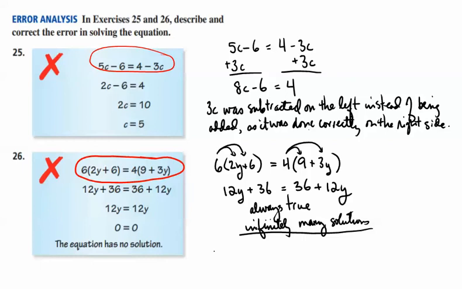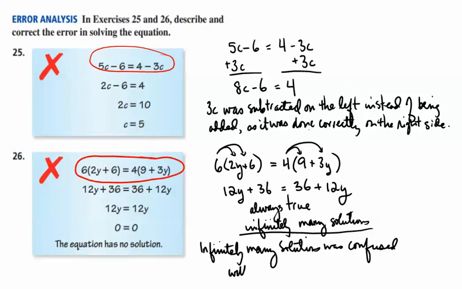So we say infinitely many solutions was confused with no solutions, or we could say vice versa. They chose no solutions, but it really should have been infinitely many solutions.